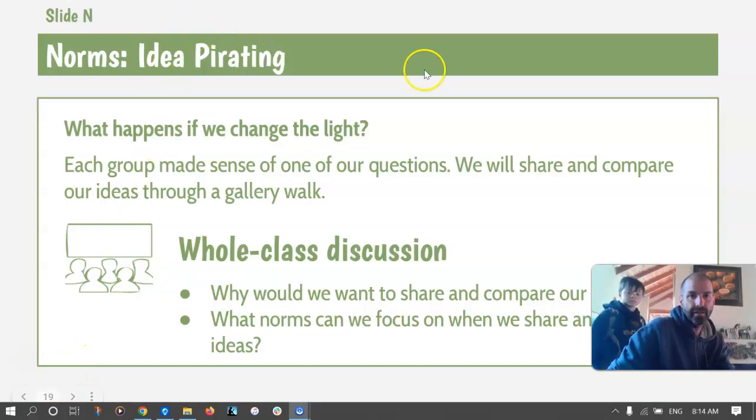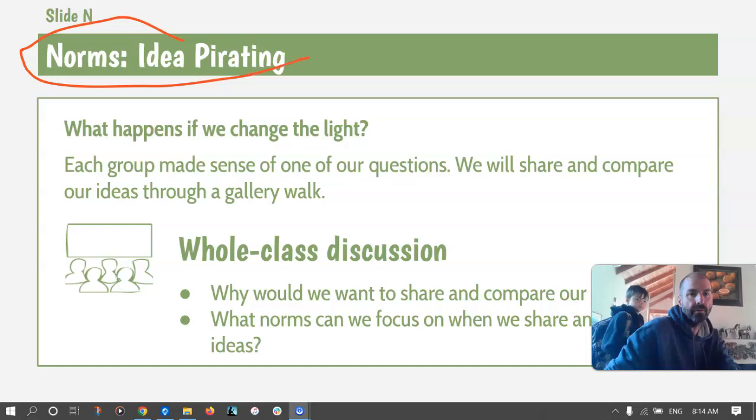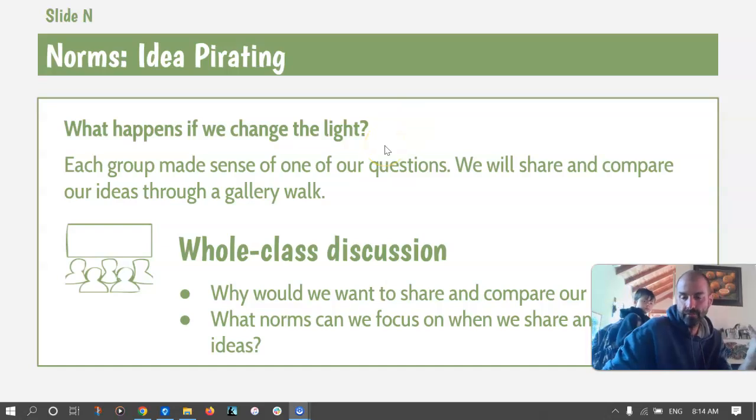Now I want to talk about this concept of idea pirating, which I should have talked about a little bit before. So what is idea pirating? Idea pirating is what it sounds like. Pirates steal stuff. And so idea pirating is this idea that we steal someone's idea. Now, sometimes people get upset. Like, oh, he's cheating off me. He's copying my idea. But in science, we're working as a team and we're collaborating.